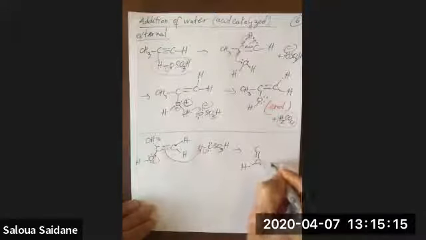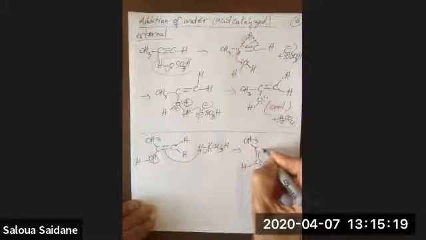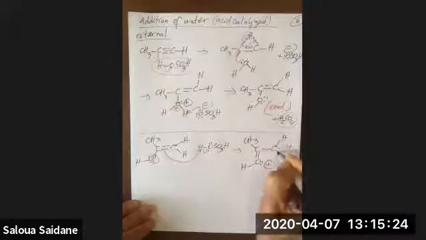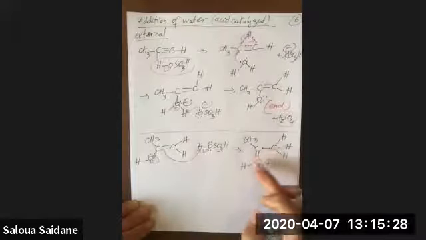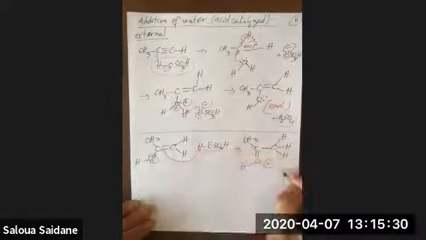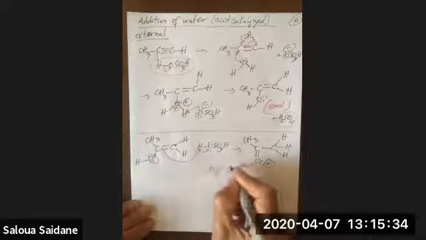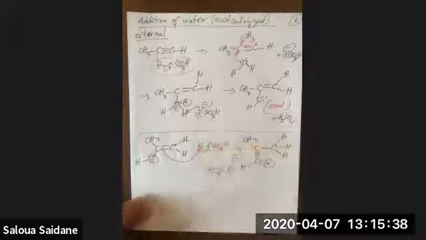COH plus CH3, and then CHH. And you all know that this is not stable, so we have also the OSO3H minus, which is the product of this.